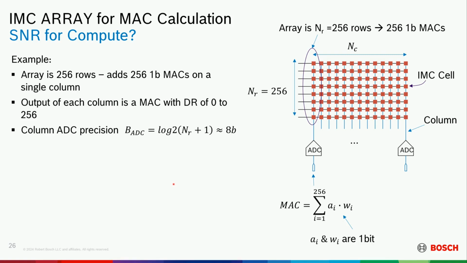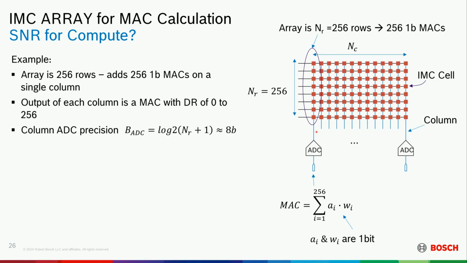Okay, coming back again to precision, I just wanted to share this because it's nice to know about. When you start summing up 1-bit MACs, say you have an array with 256 rows, and each one does a 1-bit computation, what is the SNR of this analog signal coming out here?